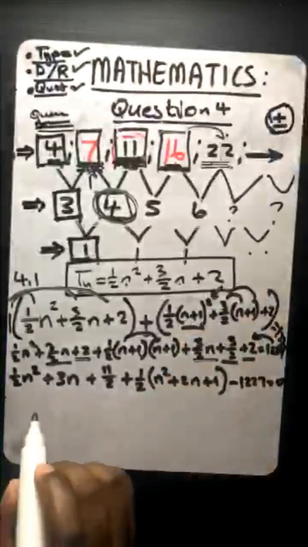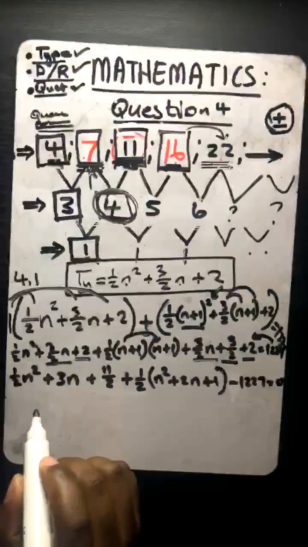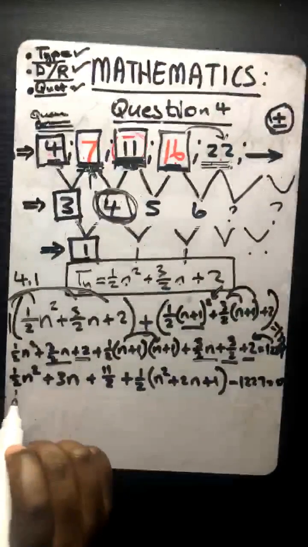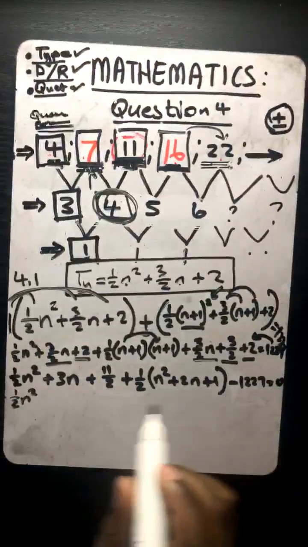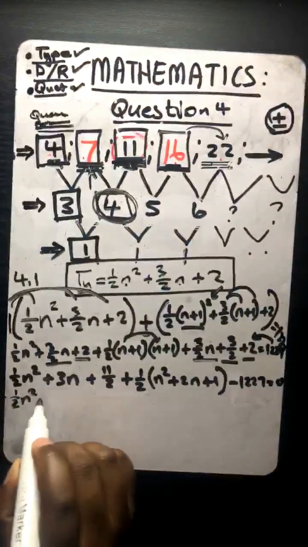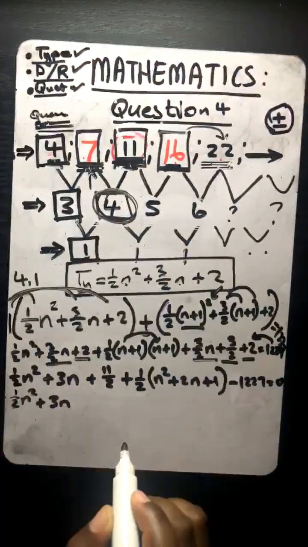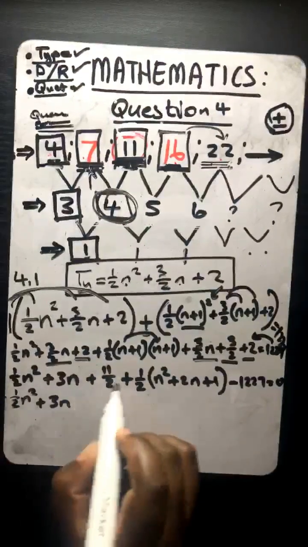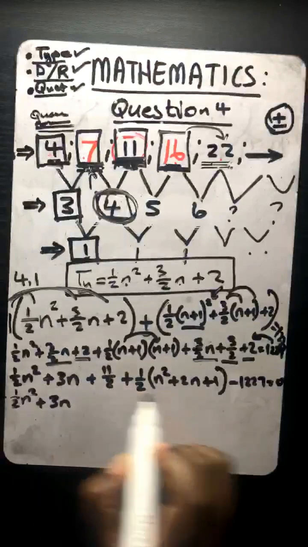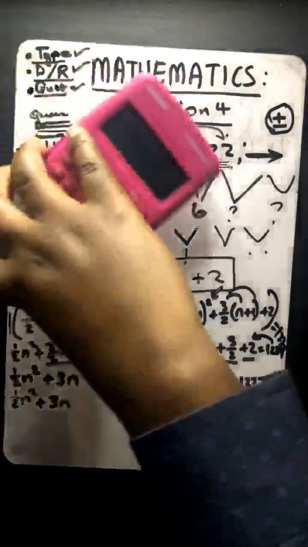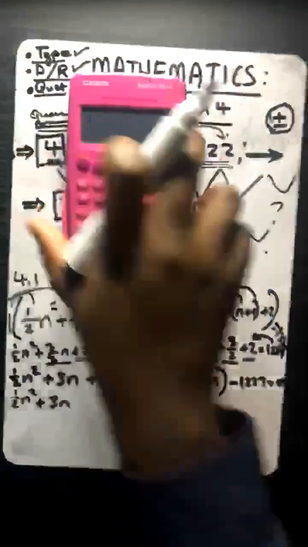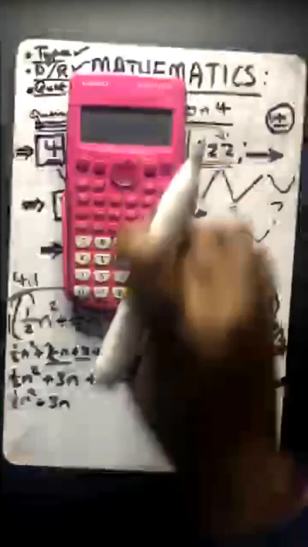So now let's see. Remember, what you can do at this stage, you can still rewrite that as it is because you only want to remove those brackets. So you still have 3n there, you write it as 3n. Maybe let's work out this 2. Can you see 11 over 2 and that 1227? Let's try to work that out. Let's see.